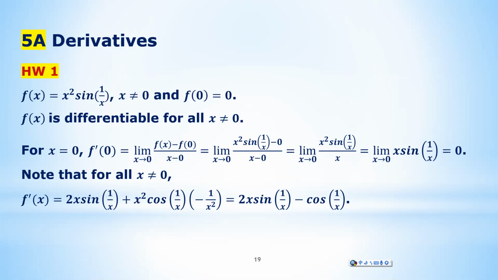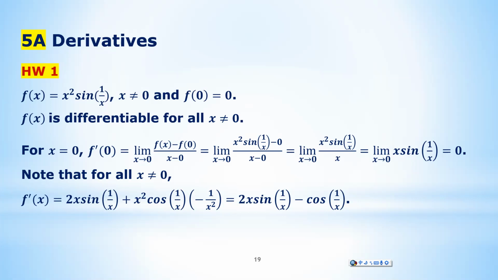Then on the second term, x squared cancels. So the derivative of this function at x is equal to 2x sine 1/x minus cosine 1/x. This is the formula of the derivative for non-zero x, assuming x is away from 0.